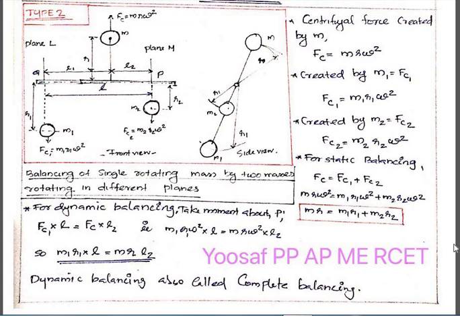So for dynamic balancing, you can take the moment about any point. For the explanation I am taking the point P. You can write the moment about the point P. The first force, the radially outward force Fc1, acts at a distance L, the distance from Q to P. So Fc1 into L is anticlockwise as considered about point P, and Fc into L2 is clockwise.